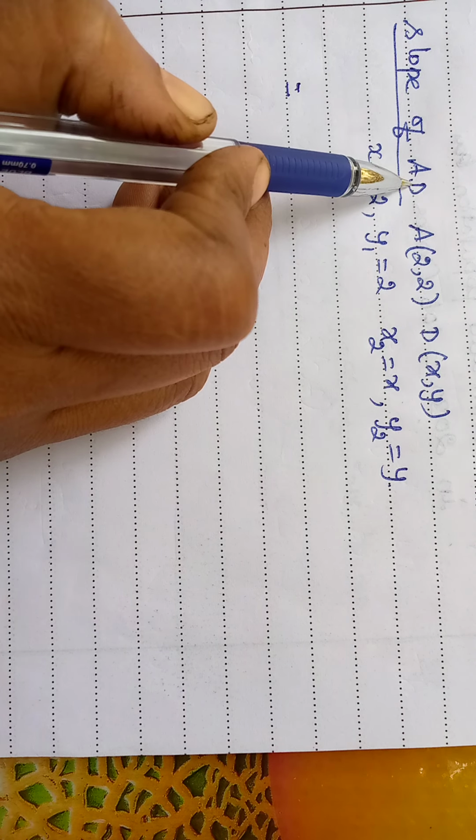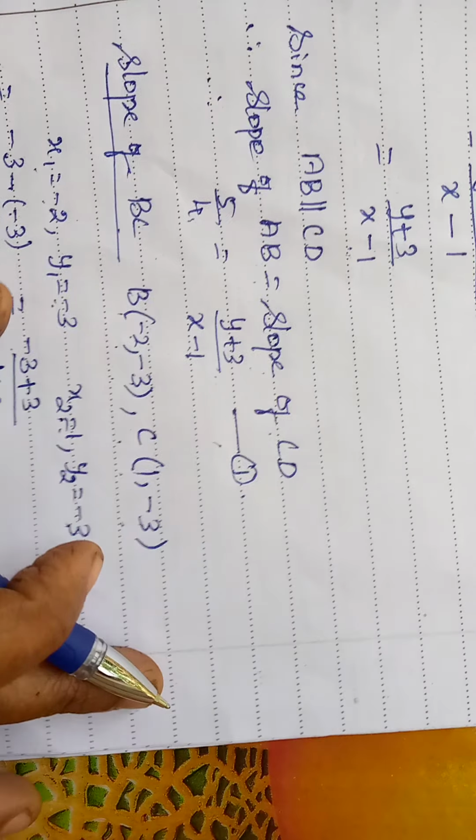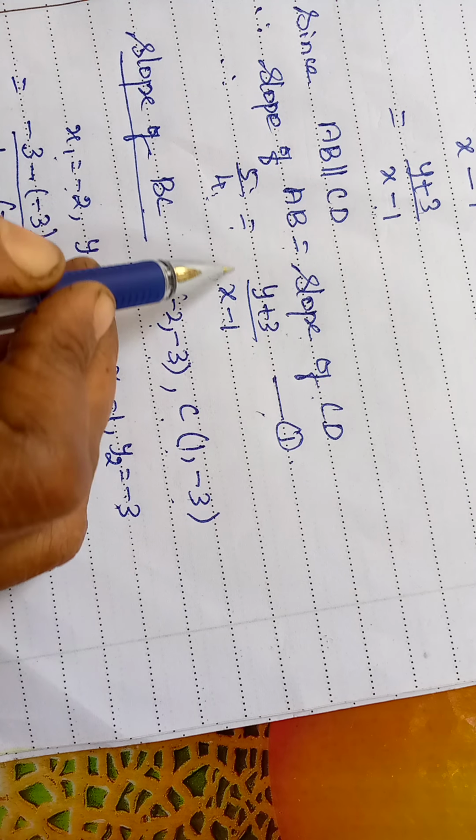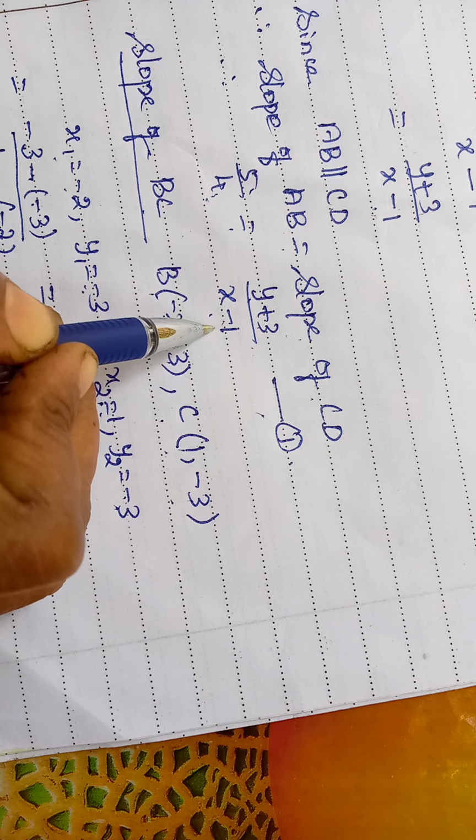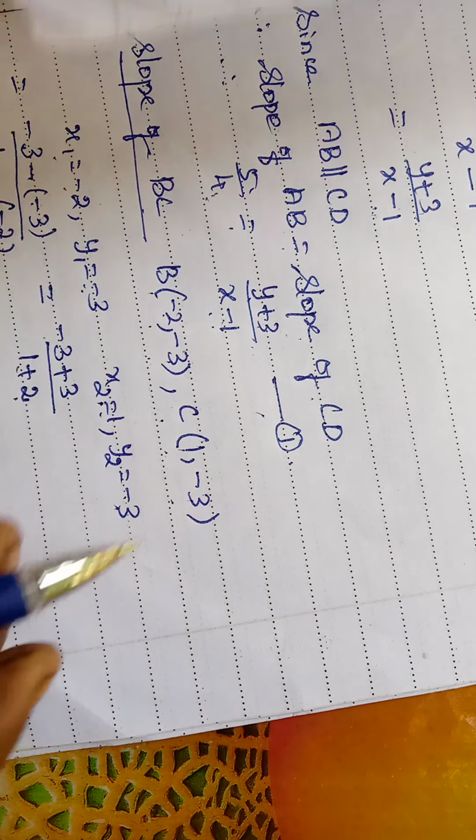So put y is equal to 2 in equation 1. What is equation 1? 5 by 4 is equal to y plus 3 by x minus 1.